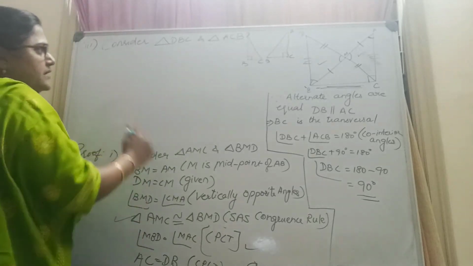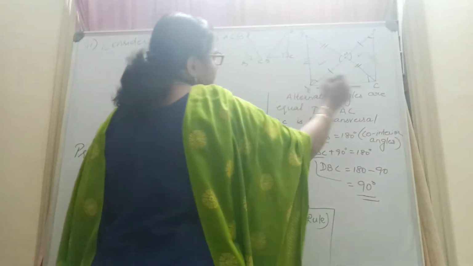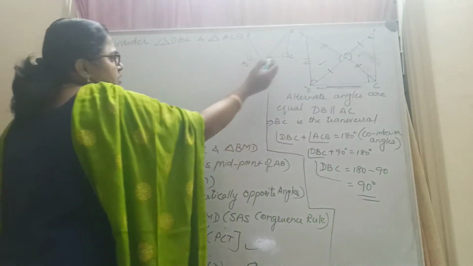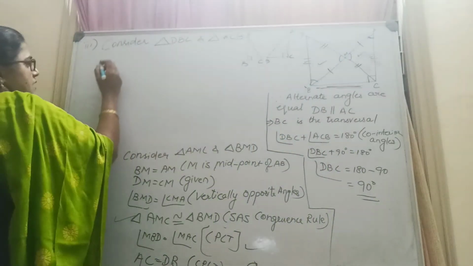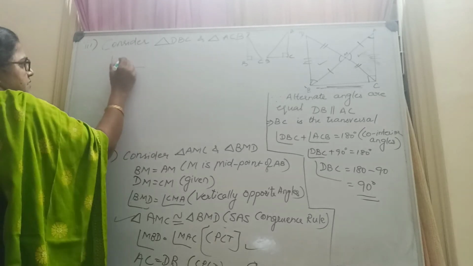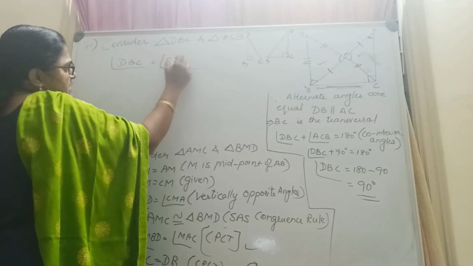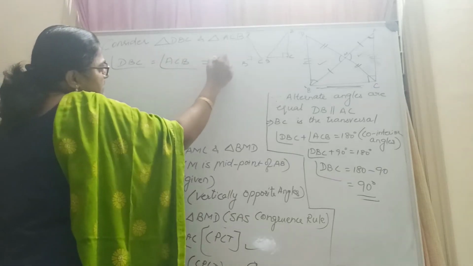Now the third part, we are asked to prove that triangle DBC is congruent to triangle ACB. Okay, so I have drawn it as two different triangles here. Now we can say that angle DBC is equal to angle ACB is equal to 90 degree.